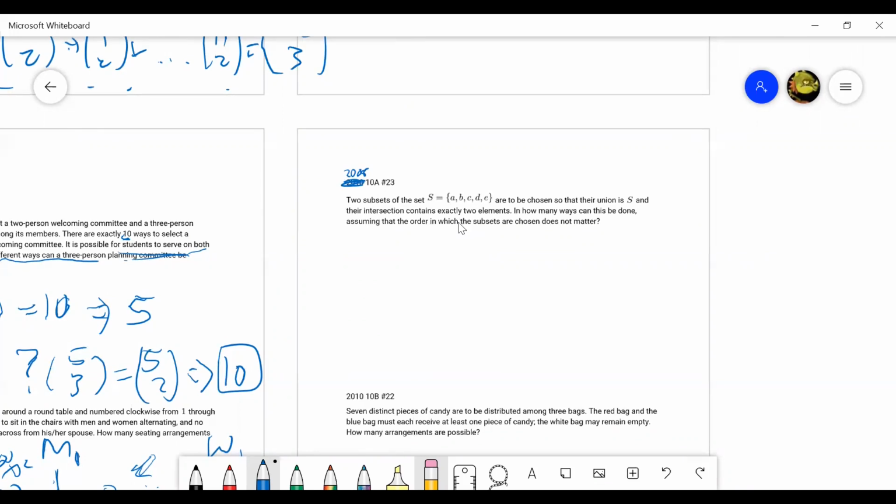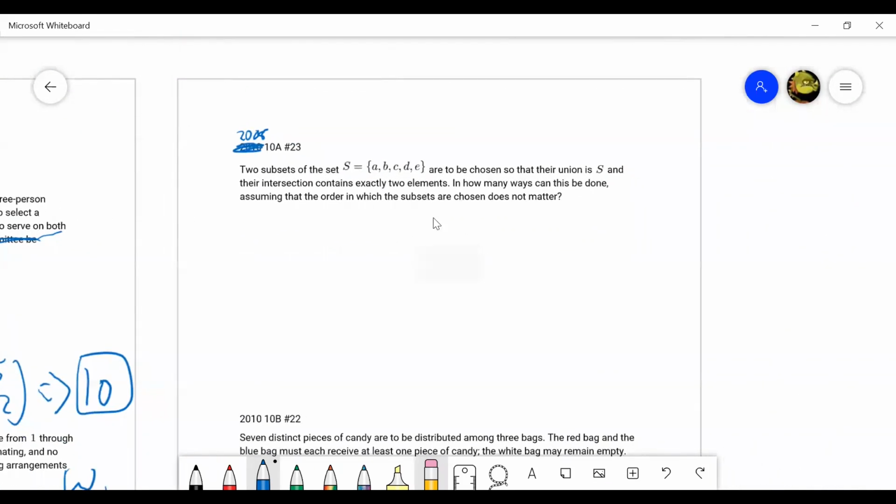So this doesn't use the principle of inclusion and exclusion, but it does test you on intersection and union. All right, so first thing we should do is identify which two elements are going to be in the intersection, because that is the easiest part of the problem to fix. There are 5 choose 2 ways of deciding which elements are in the intersection, since there are 5 elements and you choose 2 of them. 5 choose 2 is equal to 10.